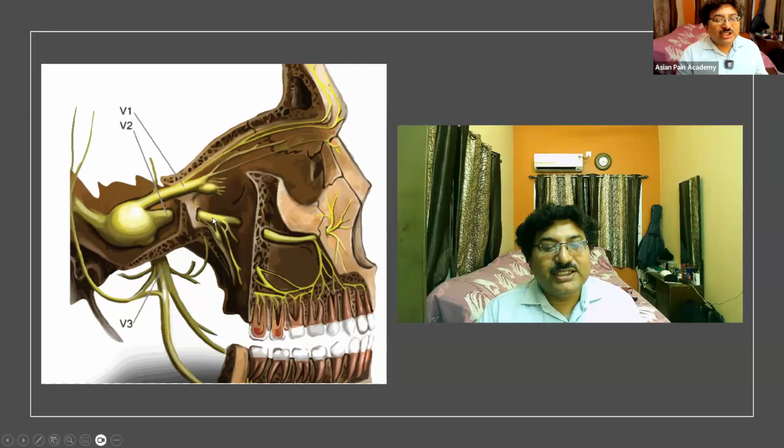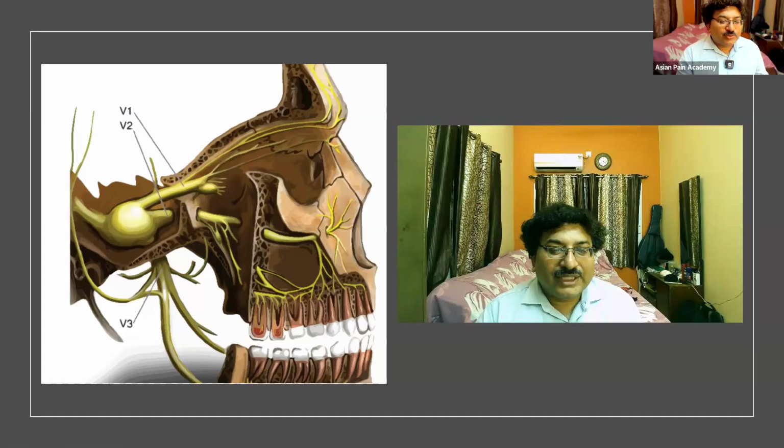Similarly, here we are trying to block at the pterygopalatine fossa. So where does the pterygopalatine fossa lie? It lies lateral to the lateral nasal wall, and here the maxillary nerve continues, okay, and goes as the infraorbital nerve, then comes out to the lower part of the eye as the infraorbital nerve.